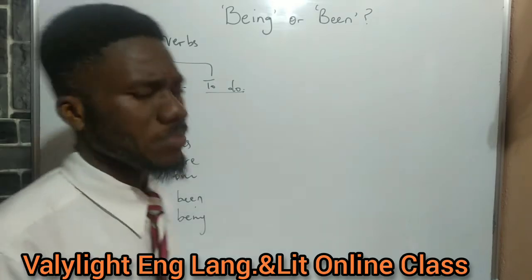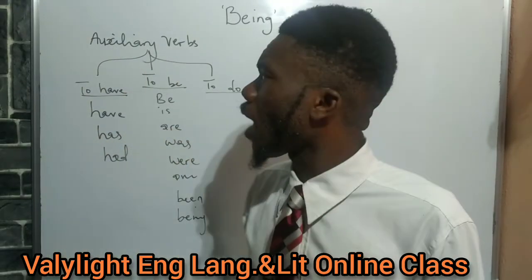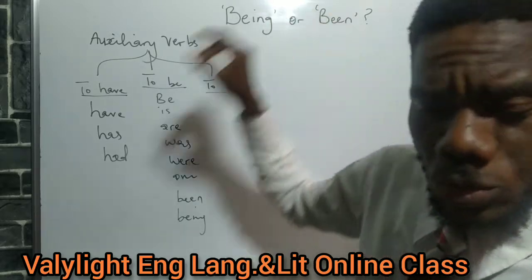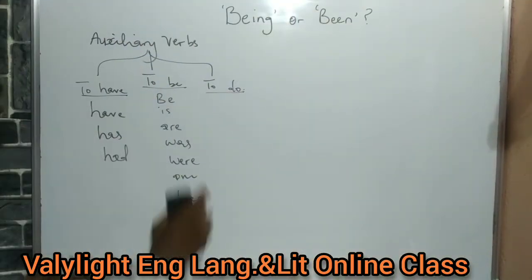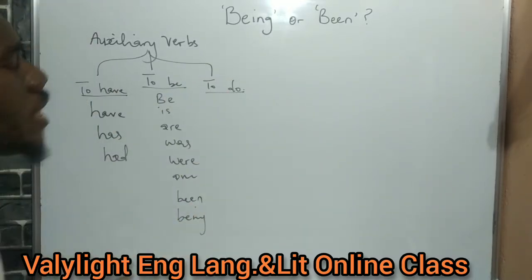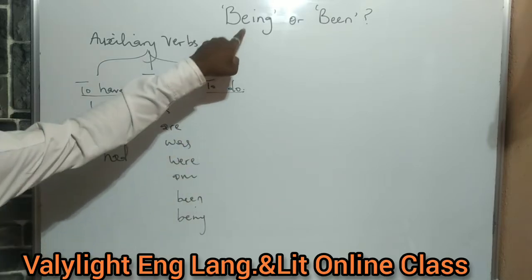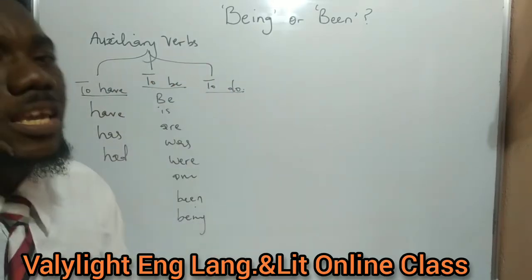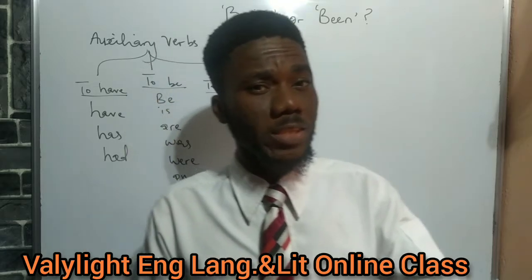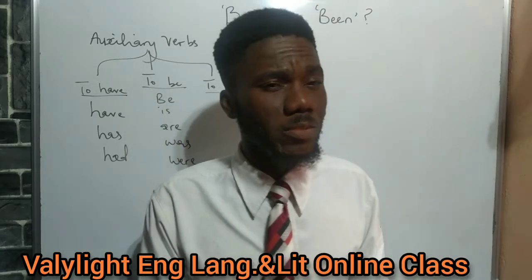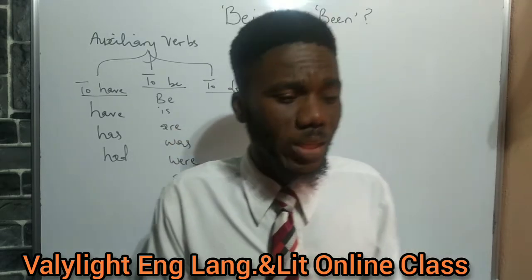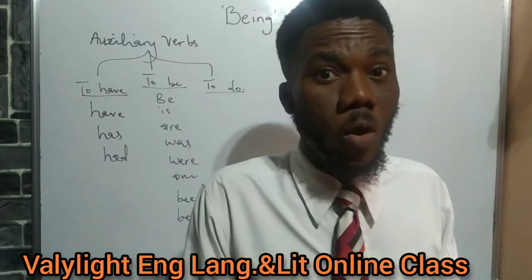All right. Now, whenever you are talking about this, how do you know which one to use? Listen, for this particular one, the being, this is a verb to be in the progressive tense form. If you remember when we treated progressive tenses, we talked about present progressive and past progressive. The progressive aspect of the tenses is one that talks about an action being ongoing.